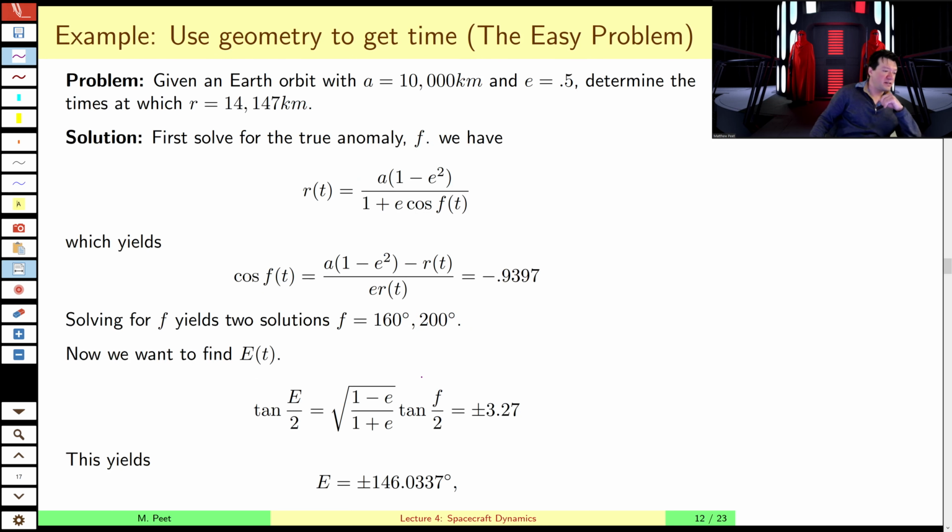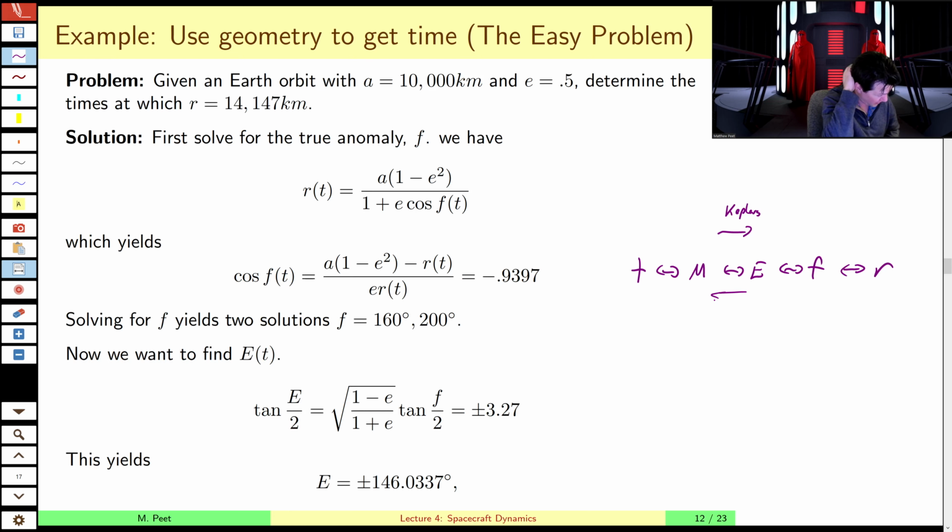All right, finally, remember our progression here, T to M to E to F, and then possibly to R, backwards and forwards. With the caveat that this direction requires Kepler's equation. This direction does not. We can solve for T in terms of E. So there's actually a hard way and an easy way of this progression.